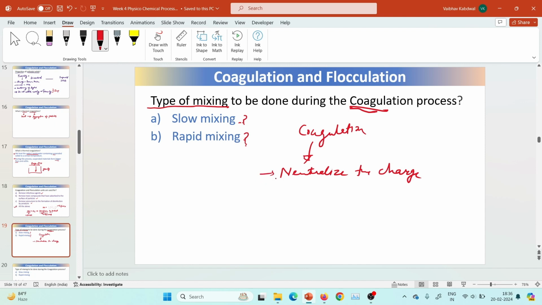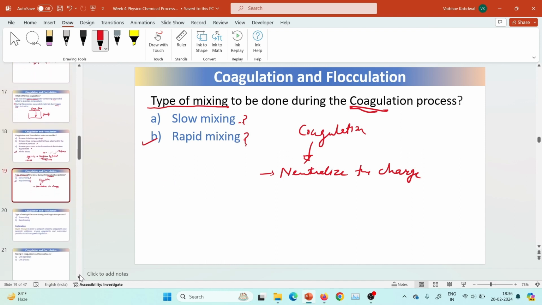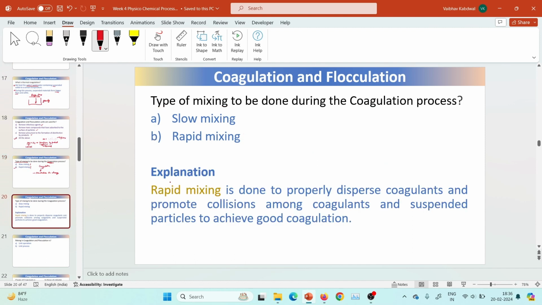So for that we provide rapid mixing. Rapid mixing is done properly to disperse the coagulant and promote collision among coagulants and the suspended particles to achieve good coagulation. This is the explanation. Rapid mixing is the answer.